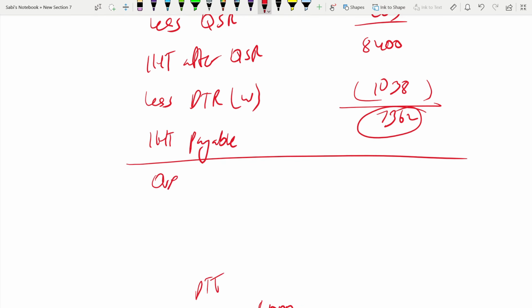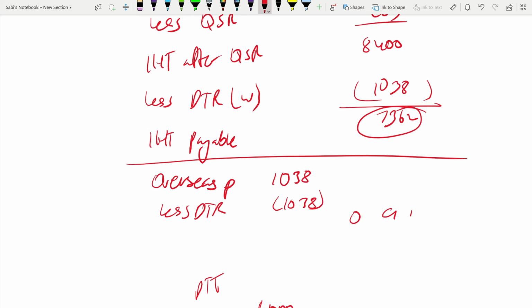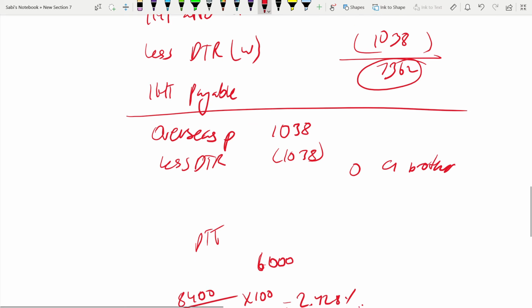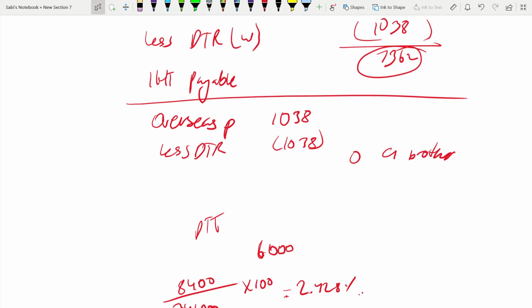Overseas property, okay? Tax 1,038 less DTR. You will get this amount. So George's brother will pay no tax. Residue is the niece. The residue is left with the niece. So the rest, 7,362. This IHT will be paid by George's niece.